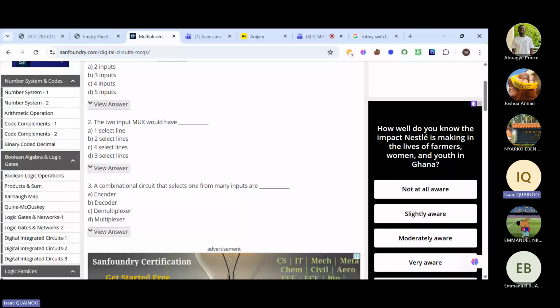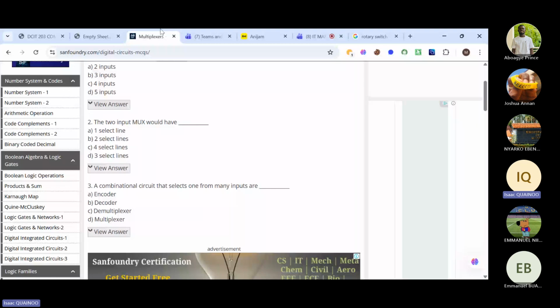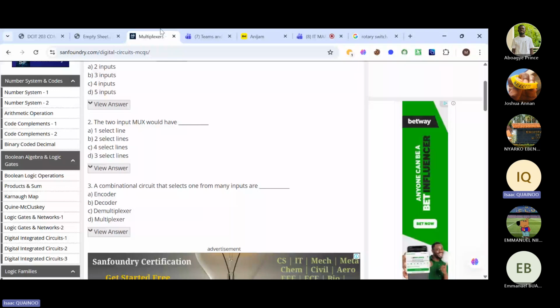All right, so 1 select line, we are correct. A 2:1 multiplexer has 2 inputs and 1 select line, because 2 raised to the power of the number of select lines gives us the inputs. In this case, 2 raised to the power 1 gives us the inputs, which is 2. So 1 is our number of select lines.